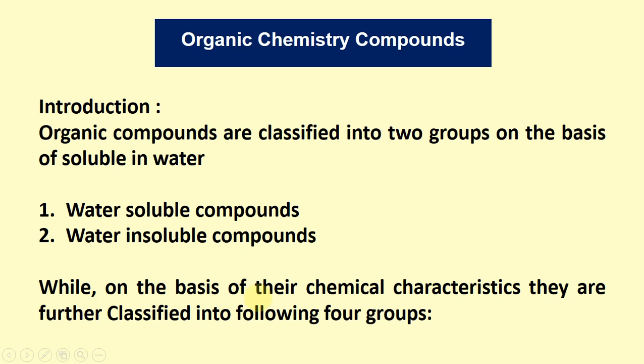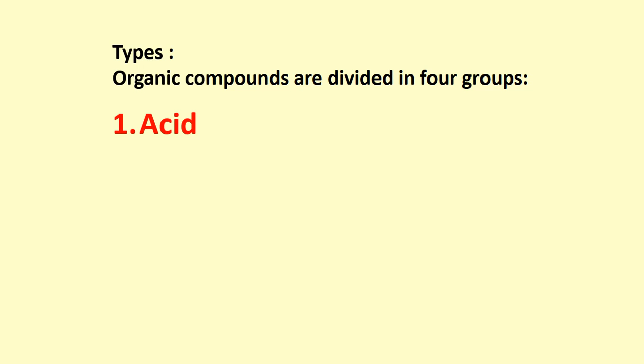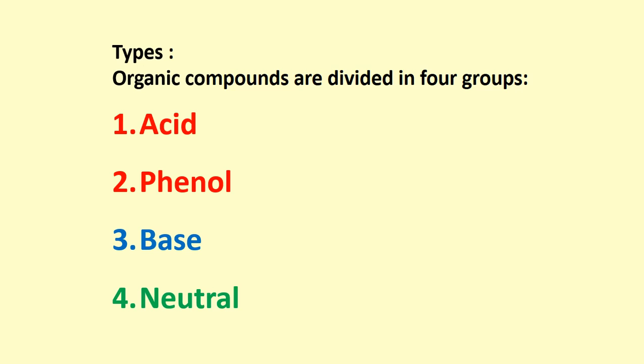On the basis of their chemical characteristics, they are further classified into four groups: acid, phenol, base and neutral. The sequence is first acid, second phenol, third base, and fourth and last the neutral.